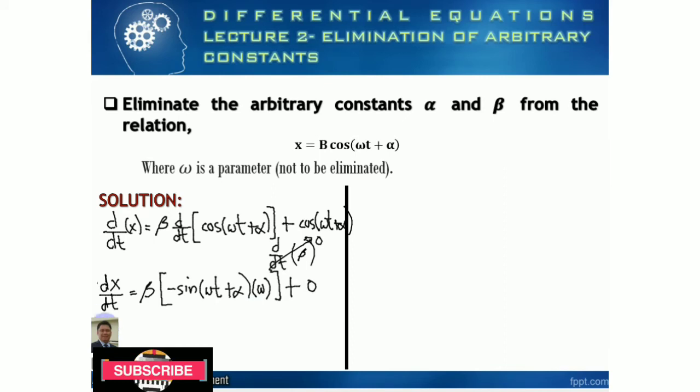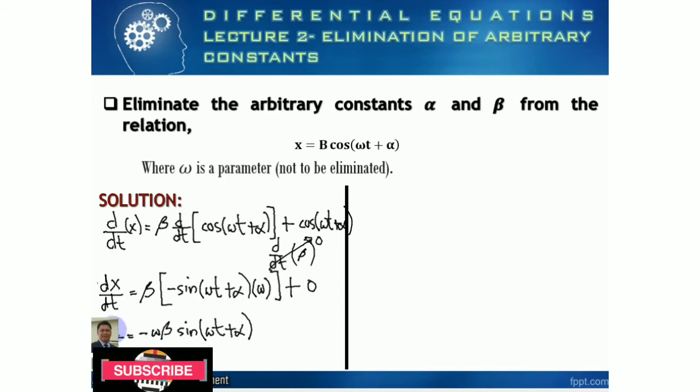Therefore, if we simplify, our derivative of x with respect to t is equal to negative omega times beta times sine of omega t plus alpha. This is our first derivative, or we can say x prime.